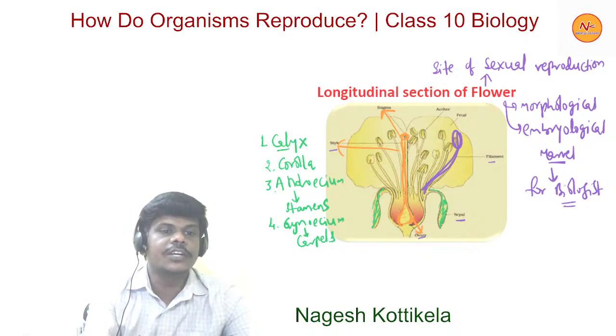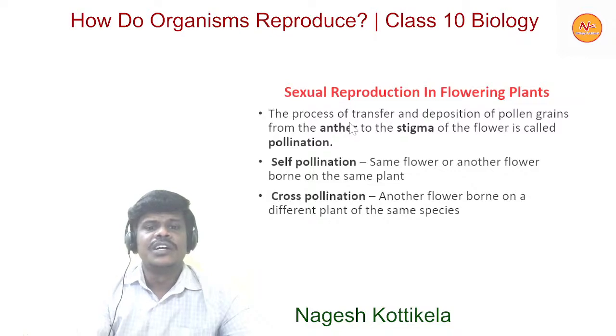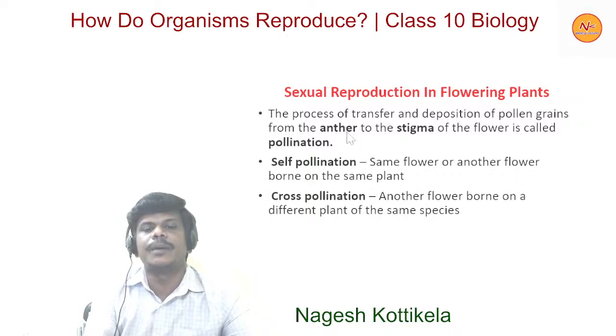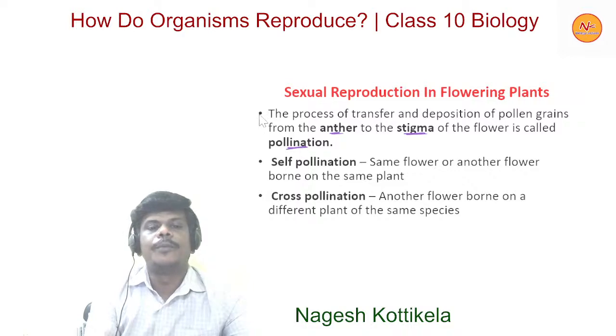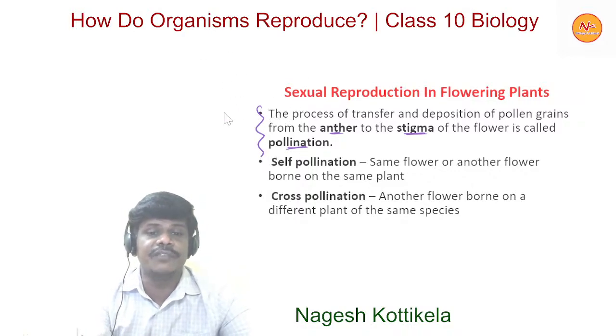Now the continuation of this. Moving to the next topic, the process of transfer and deposition of pollen grains from anther to stigma of a flower is called pollination. This is one of the essential events in the sexual reproduction process.